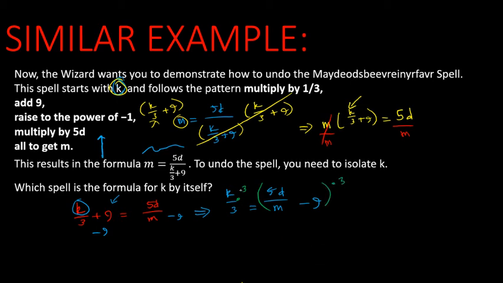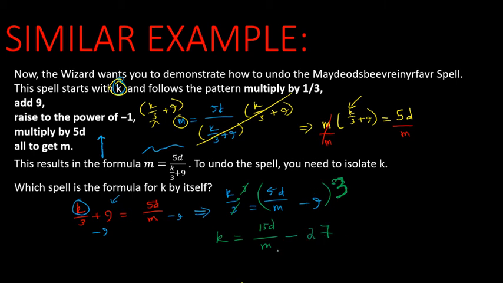On the left-hand side, my 3's cancel out and I'm left with k. On the right-hand side, I'm going to distribute, and that's not an exponent, that's just multiplying by 3. So 3 times 5d is 15d, so I've got 15d over m minus 9 times 3 is 27.